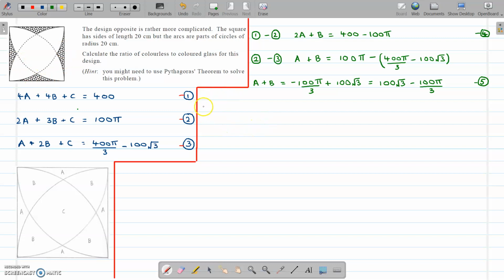So if I do equation 4 take away equation 5, 2a plus b take away a plus b is going to leave me with just a. So A equals 400 minus 100 pi, and from that I've got to take away 100 root 3, minus 100 pi over 3.